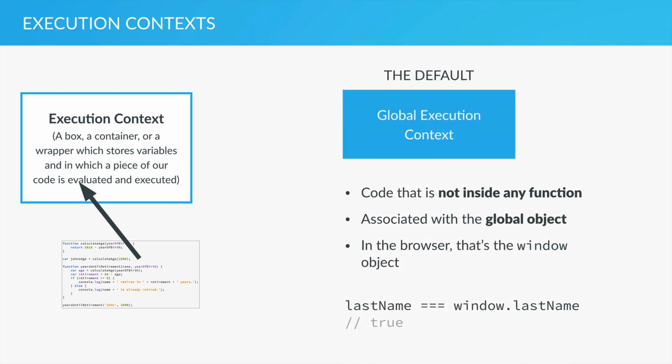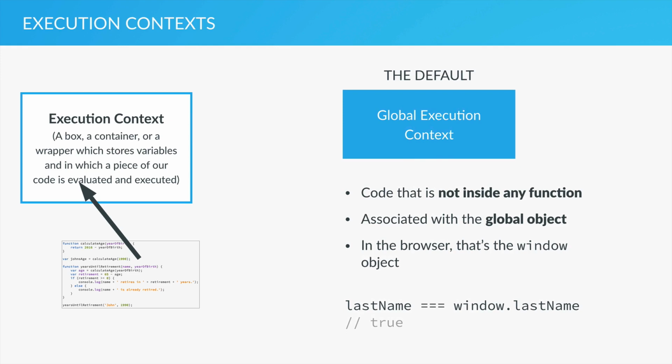Remember that I said that an execution context is where a piece of code is executed. Well, in a global context, all the code that is not inside of any function is executed. And this is very important. So again, the global execution context is for variables and functions that are not inside of any function.